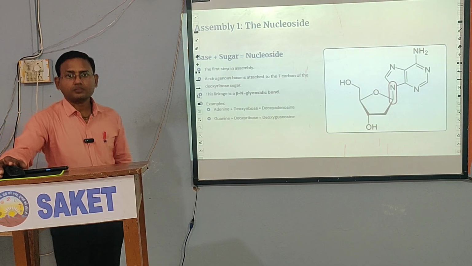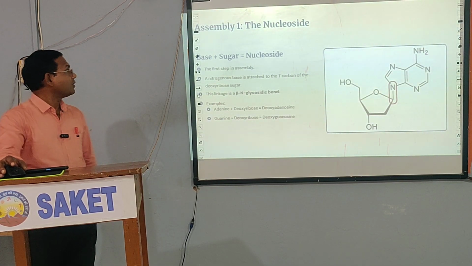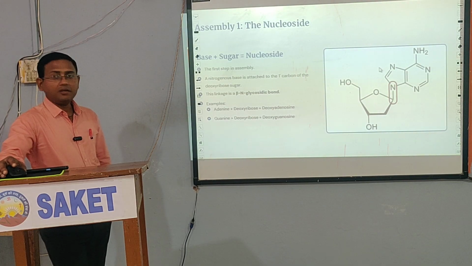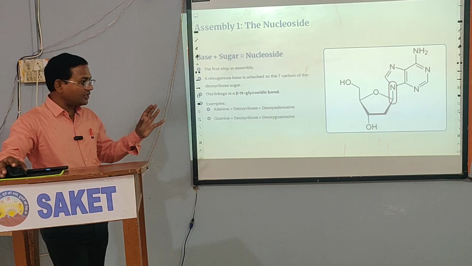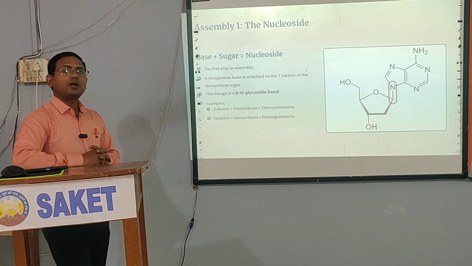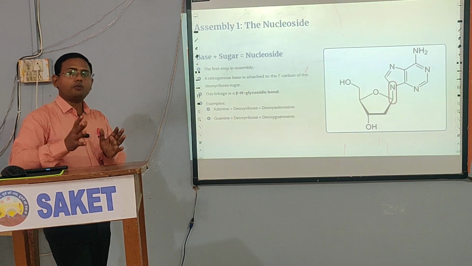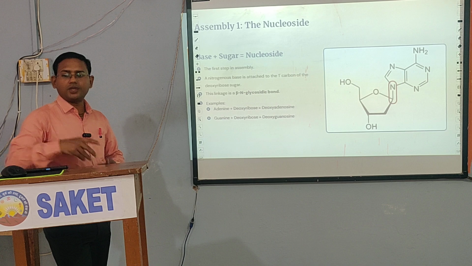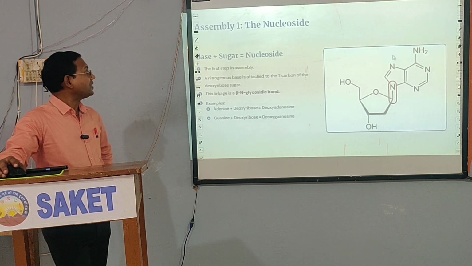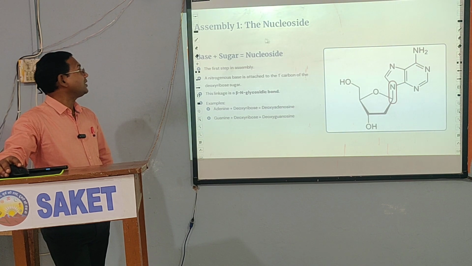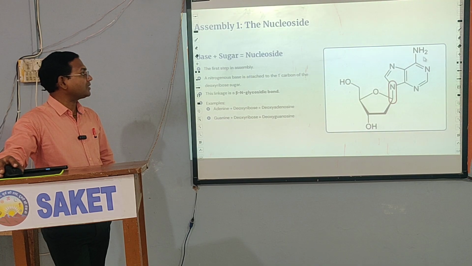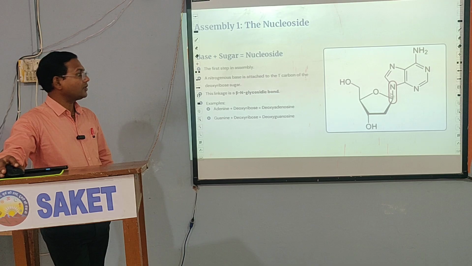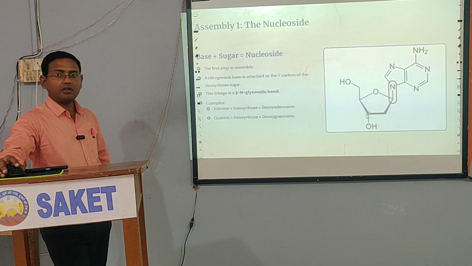Now we are discussing the assembly, how these three components combine together to form the monomeric unit of the DNA. The first step is the formation of a nucleoside, where the nitrogenous base is connected to the sugar compound, the deoxyribose.